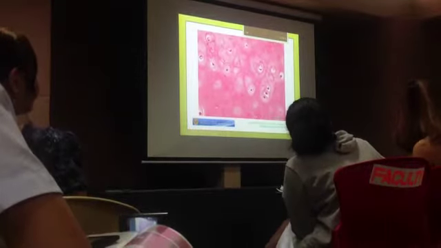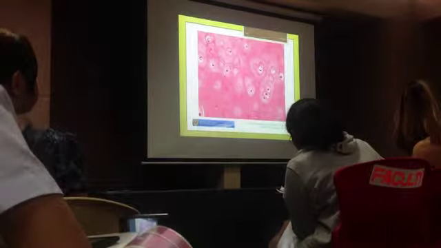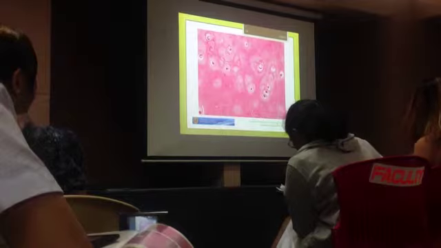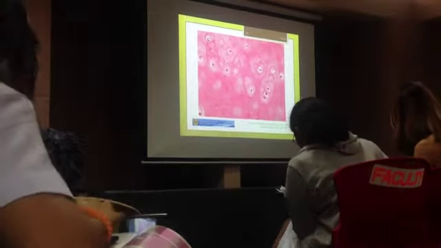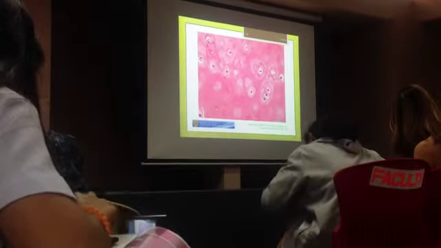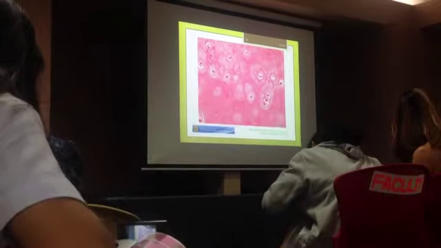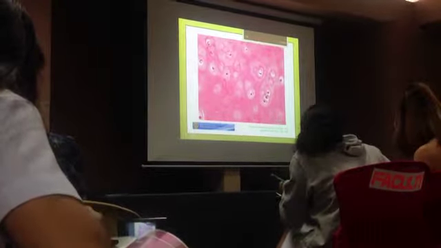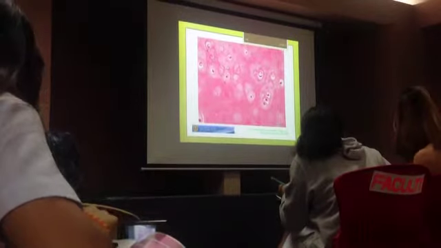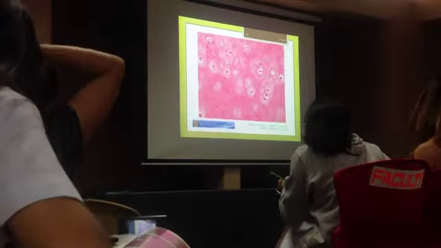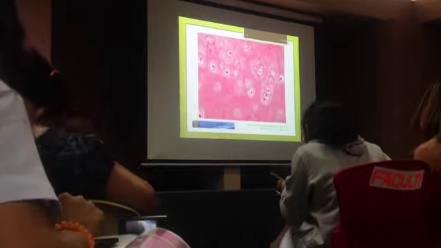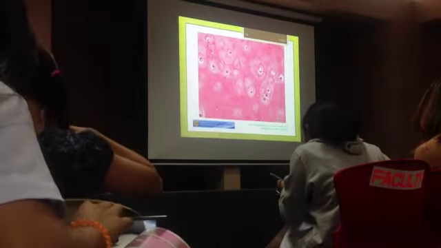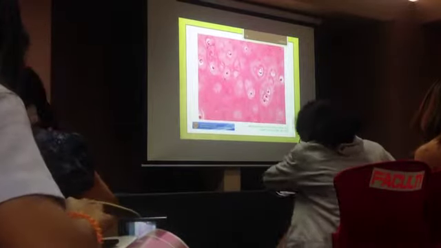Yes, this is your isogenous group of chondrocytes. How will you know it's the isogenous group? Because sometimes there are also two cells that are beside one another.